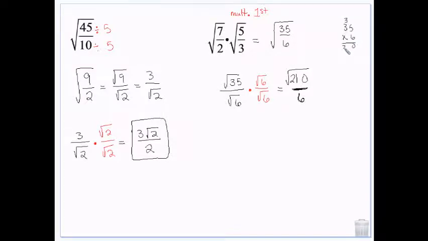Okay, so 210. Now, I'm going to factor 210 just to see if there's any perfect squares in there. I think that there aren't, but I'm going to double check myself. So that's going to be 105, which is going to be 5 times 21, which is going to be 3 times 7. No pairs. Right? No pairs, nothing comes out, so this is done.